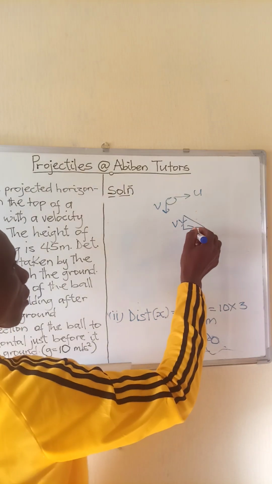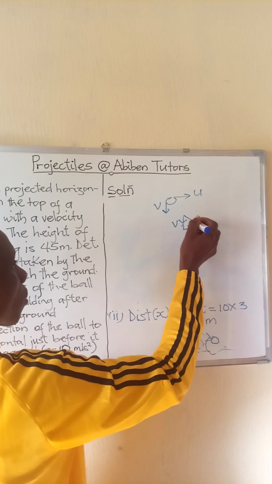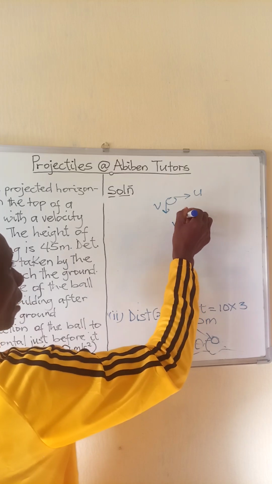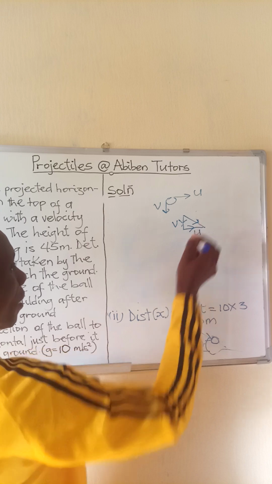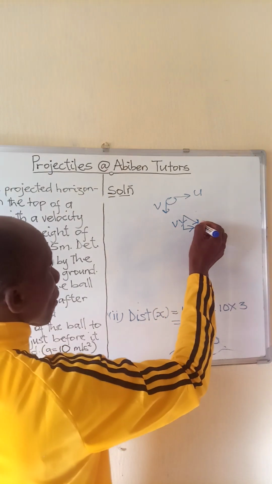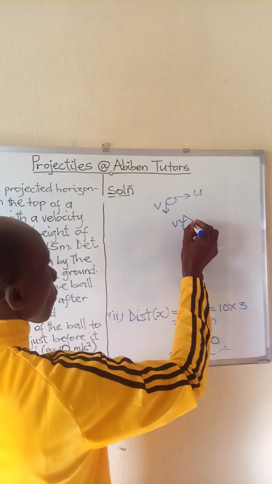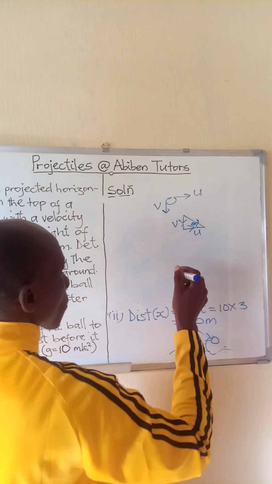If we were to find the resultant, we would draw the arrow from the tail of the final speed and it will end at the head of the initial speed. But in this case, all we need is just angle theta. Take note, we just need to find angle theta, that's all.